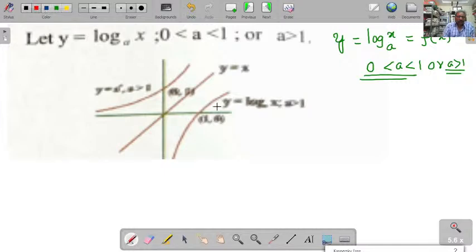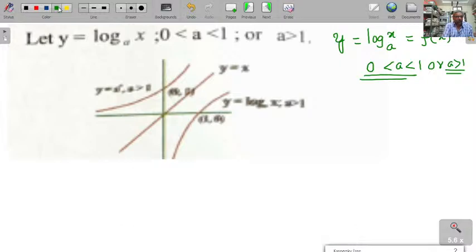See, the figure will be seen clearly. I will draw the figure clearly. This is x-axis.